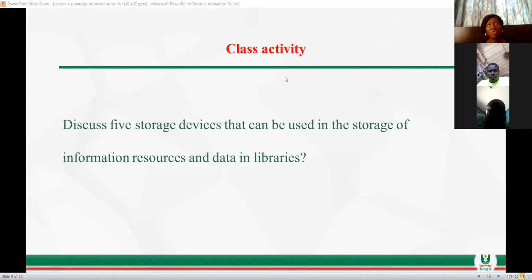One of the reliable forms of external storage is the external hard disk, because it is large, and it is not something you keep inserting into every other person's system. It is usually dedicated mainly for a purpose. So that's another way we can store information, resources, and data.